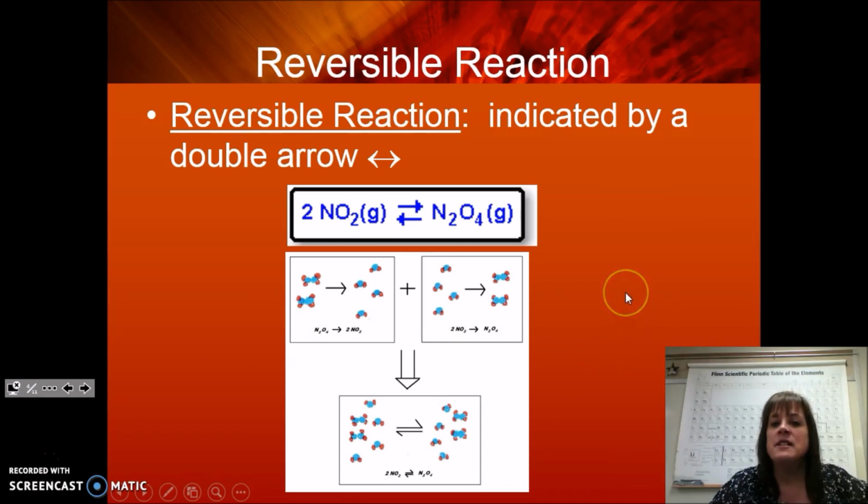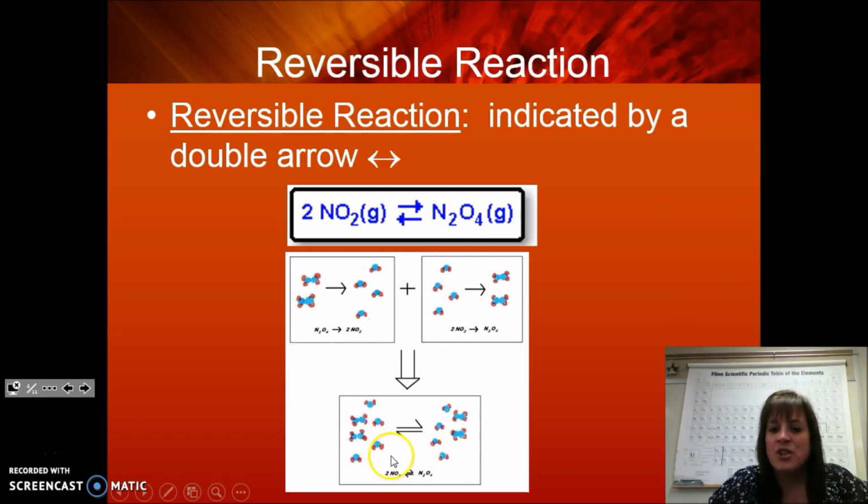Now, when we symbolize a reversible reaction, we use a double arrow. Now, that double arrow could look like many things. It could look like this, with two arrowheads on it. It could be two separate arrows. It could even look like this down here. So reversible reactions are indicated by a double arrow, but what it tells me is that I can take two NO2 and produce some N2O4, like in this reaction here, but also some of this product, N2O4, can reform NO2, like here.